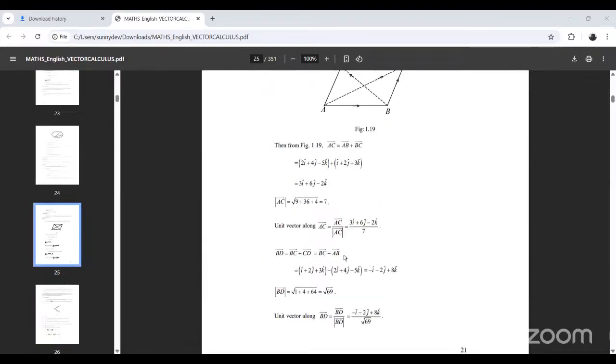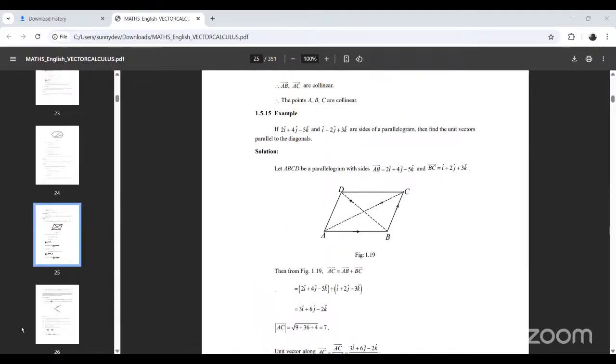See, there is one more problem. So these are the parallelogram sides. AB is 2i plus 4j minus 5k, and BC is i plus 2j plus 3k. Now let's see the figure.